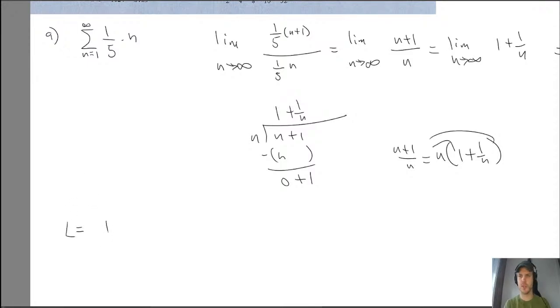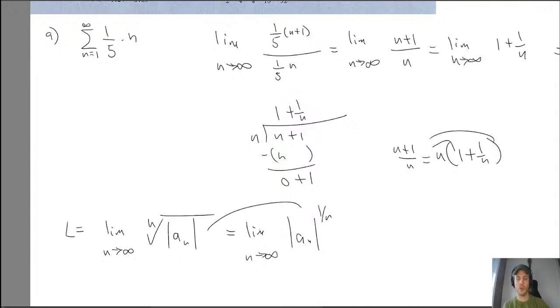L equals the limit as n approaches infinity of the nth root of the nth term of the series. So you take the nth root of the nth term, which is the same as the limit as n approaches infinity of the nth term to the 1 over n.